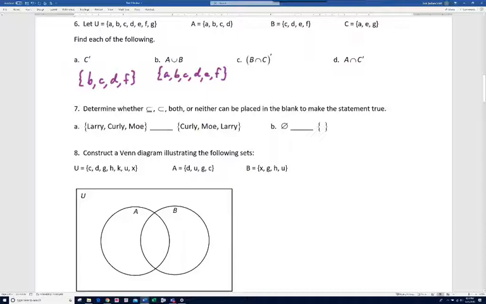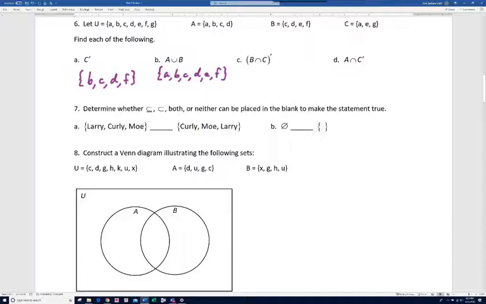All right, let's look at C. We're supposed to find the complement of B intersect C. So B intersect C is in parentheses here. We're going to first find B intersect C, and then we can find the complement. When you do problems like this, you want to take it step by step.